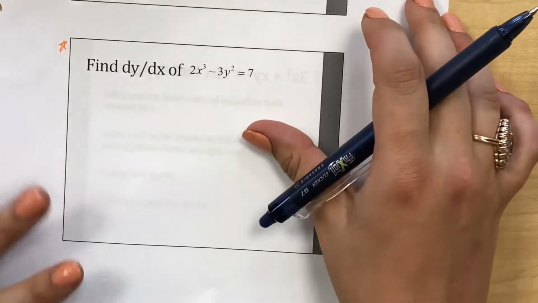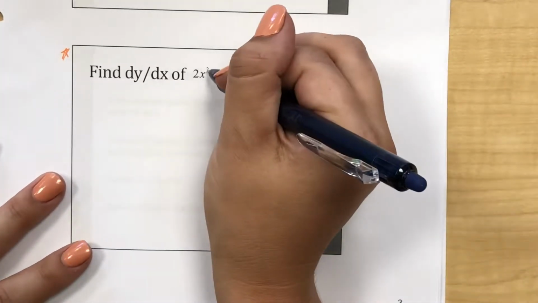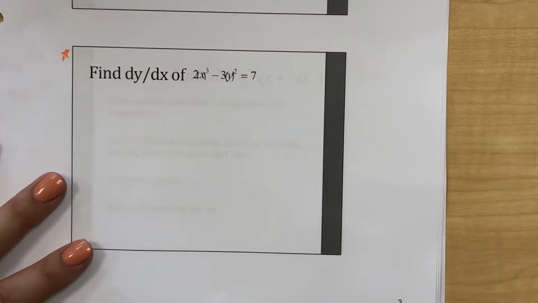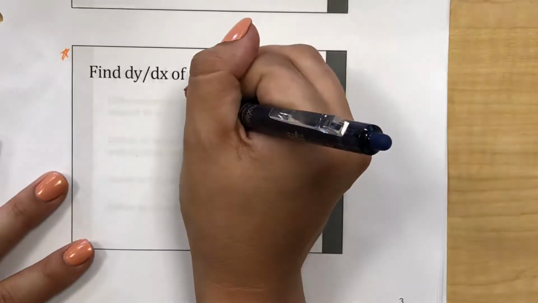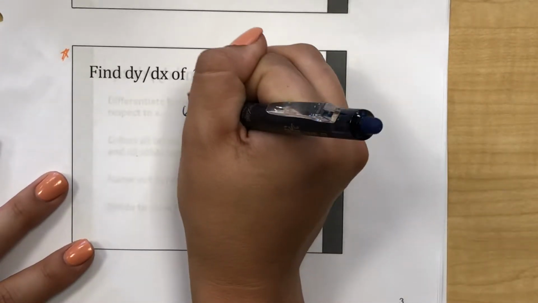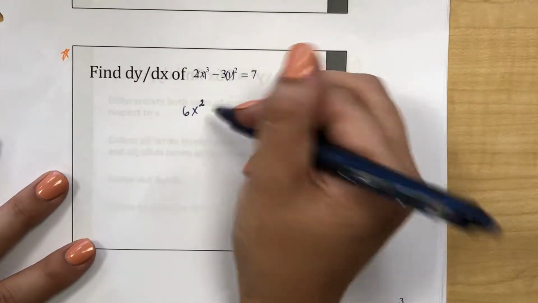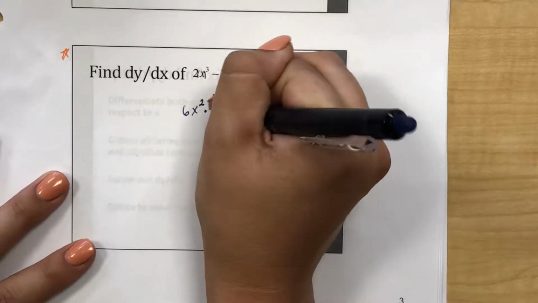All right, let's do this next one. Just another example. I'm going to put this in parentheses so I can see my chain rule. So this would be 6x squared, and then, don't write this down, this would be times the derivative of the inside, dx/dx.